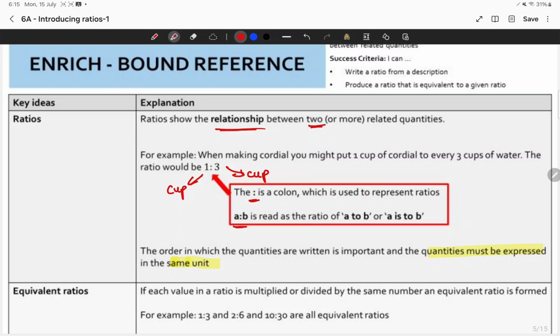So here, we have 1 to 3 is the same as 2 to 6 and the same as 10 to 30. How did it get affected? With this one here, we times both by 2, and over here, we did times by 10, because 1 times 10 is 10, and 3 times 10 is 30. So those are equivalent ratios.